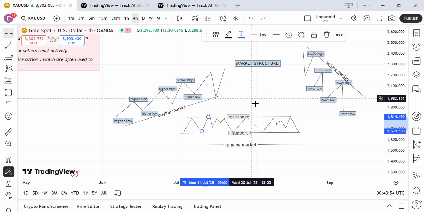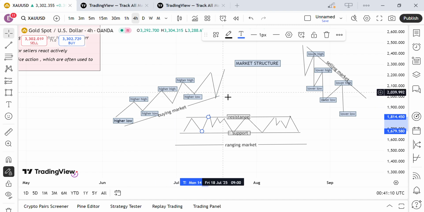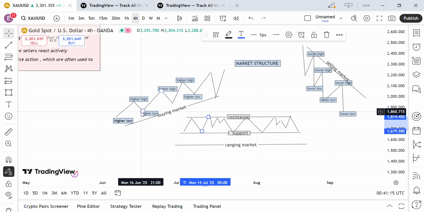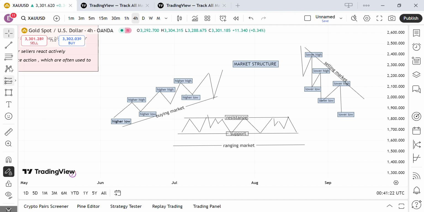But what I want you guys to know, if you can practice this and remember, is that if it's a bullish market, or if the market is trending to the upside, or for you to say a market is buying, the previous higher low must be able to take out the previous higher high, just like this, breaking structure and giving us a new high.